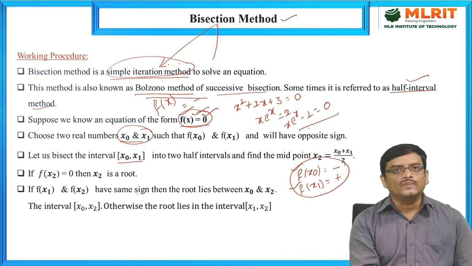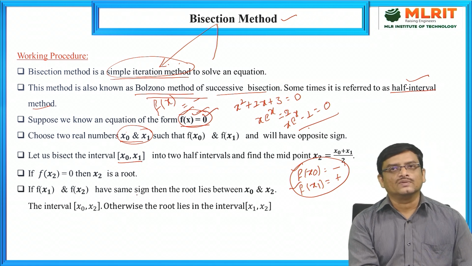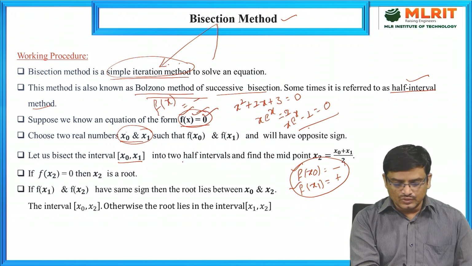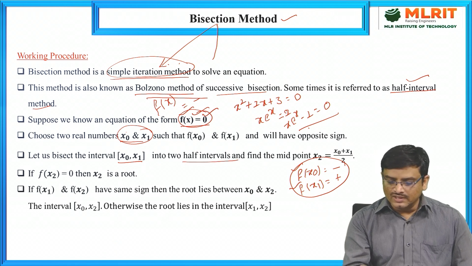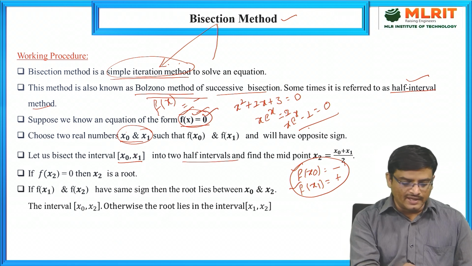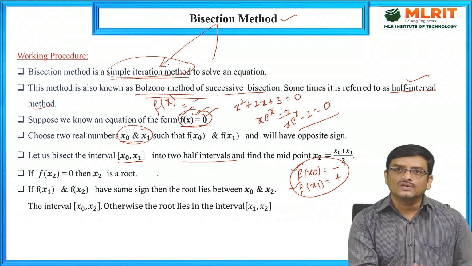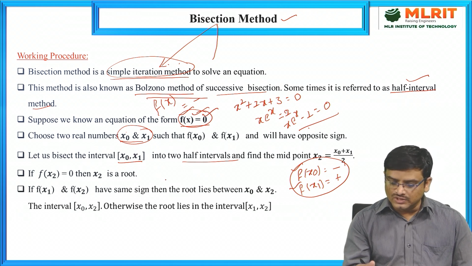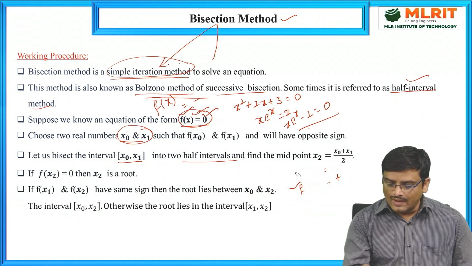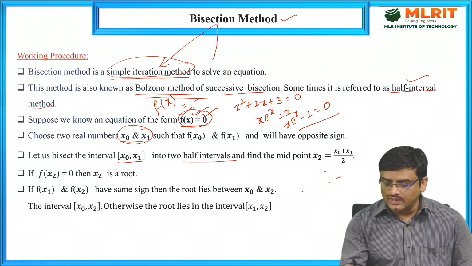Now we have to bisect this interval into two subintervals, that is, two half intervals. x0 and x1 are already done. Now we are going to find the x2 value. That x2 value is given by the average of these two numbers, that is, x0 plus x1 by 2.